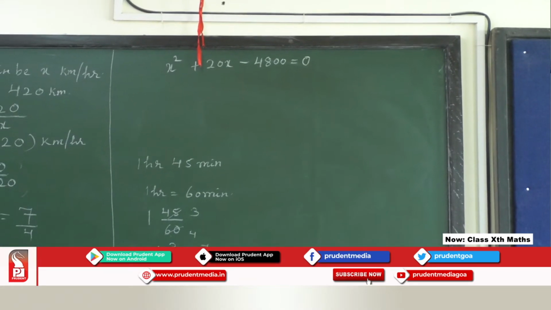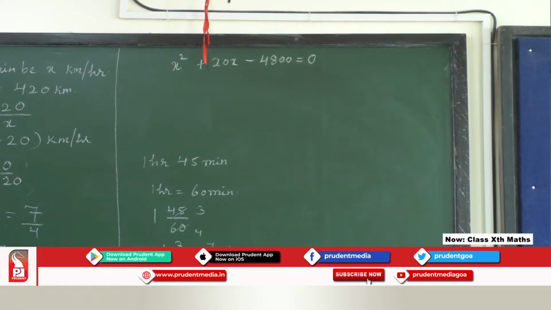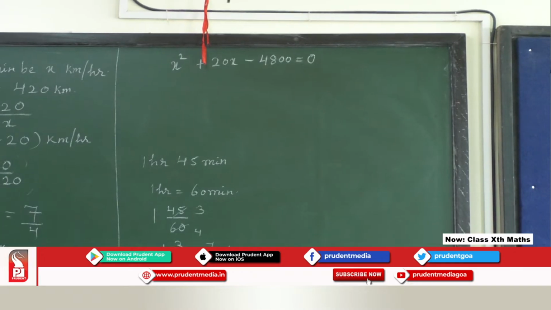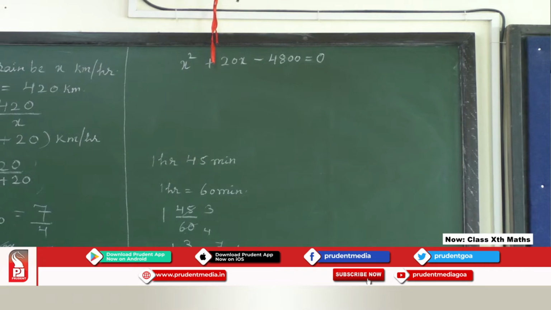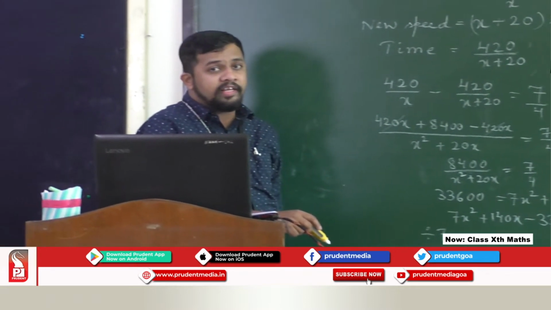From here you have to perform either the factorization method or the quadratic formula. By looking at this expression, the numbers look bigger. So let us use the quadratic formula method, and we know the formula of discriminant D is equal to b square minus 4ac.